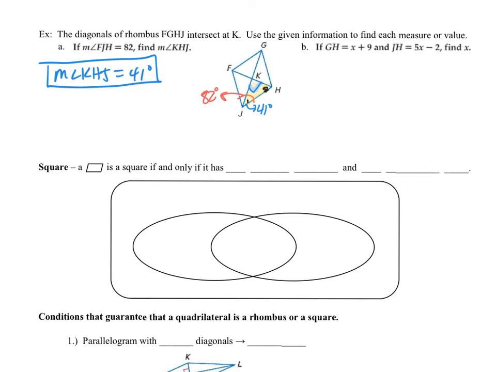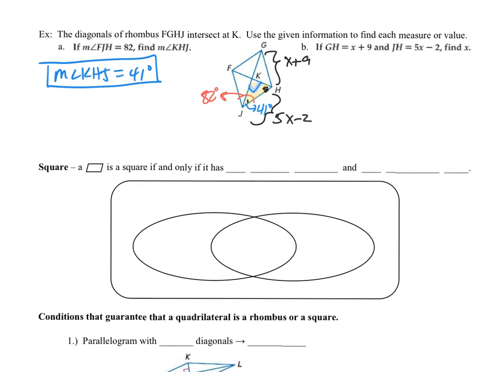All right. And then letter B says, if GH is x plus 9, so let's go ahead and label that. So if this measure is x plus 9, and we're told that JH is 5x minus 2, that's this segment here, then find x.